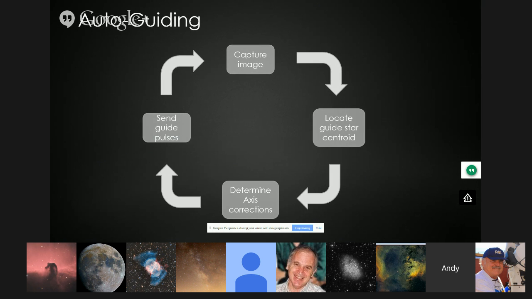So taking a step back a little, here's the big picture for how any guiding program is going to work. Starting at the top, we're going to use your guide camera to capture an image. From there, we're going to locate the centroid of your guide star. The centroid is the weighted average of the intensity of the pixels that comprise that star.